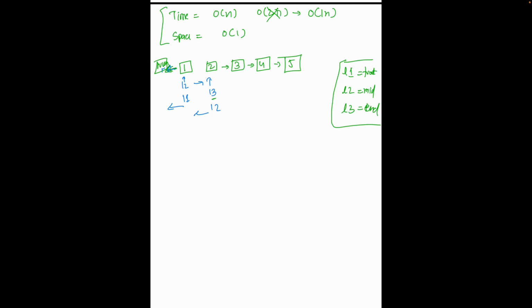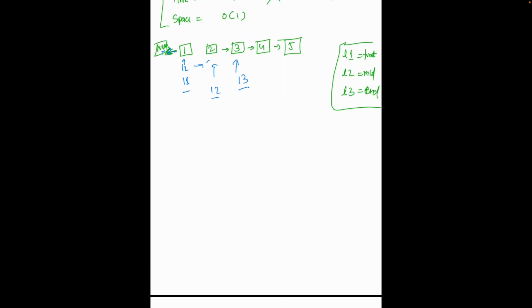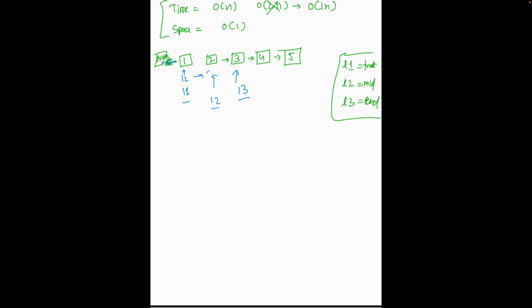Now again, let's start the loop. L3 this time, because L2 is already pointing here, L3 will point here. Once this is done, we know where L3, L2, and L1 lie. What we're going to do is change where L2 is pointing.